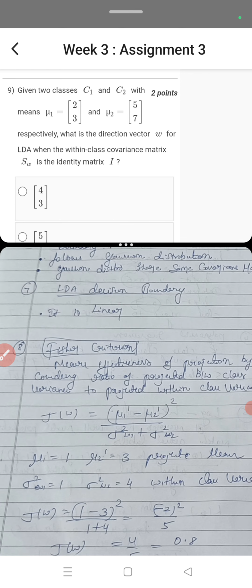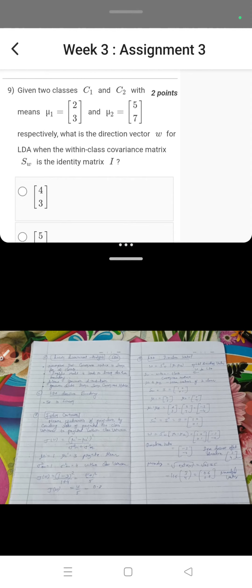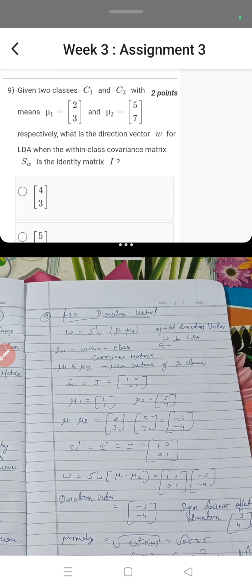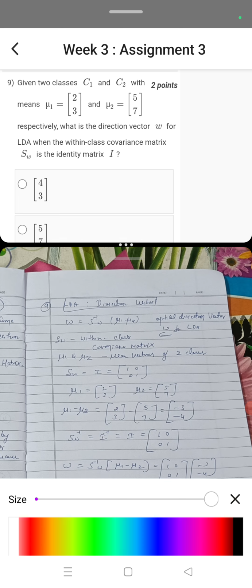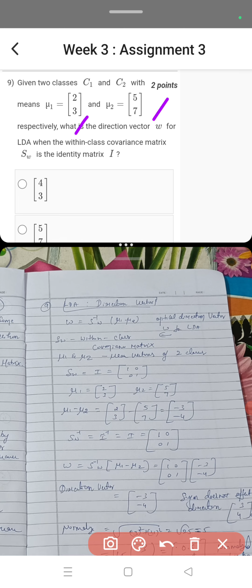Then the last one, the ninth. They have asked for the direction vector, and they have given mu1 and mu2. Start using the formula for the direction vector: mu1 minus mu2, then S inverse.